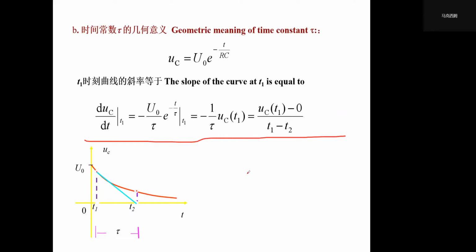The slope of the curve at T1 is equal to this, and tau equals T2 minus T1. So it's actually the distance between T2 and T1 on the time axis. So it's the length of the subtangent.